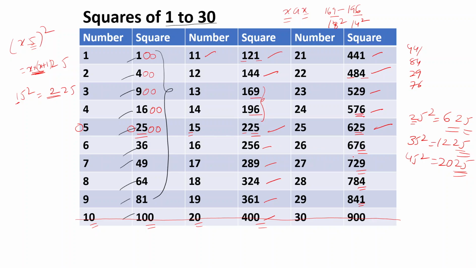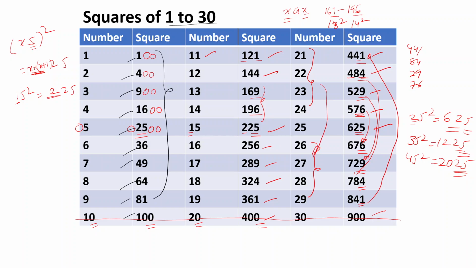So 576 here, but here it is 676. So this 76 will repeat in the next number. Similarly this 29 will repeat in the 27 whole square, 729. Now this 84 will repeat, 784. Now this 41, it is 841. So this is the connection between these 4 whole squares and these 4 whole squares.